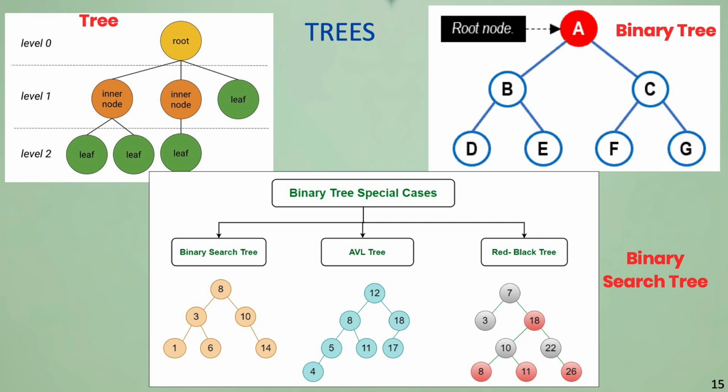There are different kinds of trees, namely binary tree, binary search tree, and in case of binary trees, we have different classifications like binary search tree, AVL tree and red black tree.